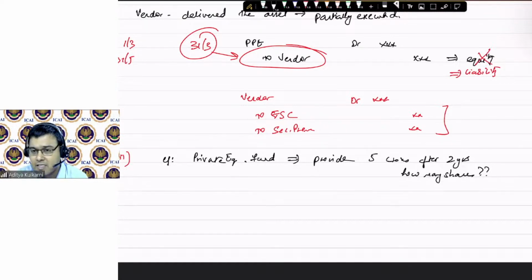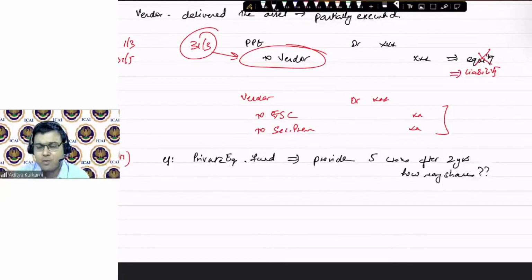So is the price per share fixed today? Answer is no. Whose books am I in? I am not in the private equity fund's books. Please remember, whose accounting are we doing? I am the startup. As a startup, I have to issue shares to the private equity fund. So I am getting 5 crores after 2 years.